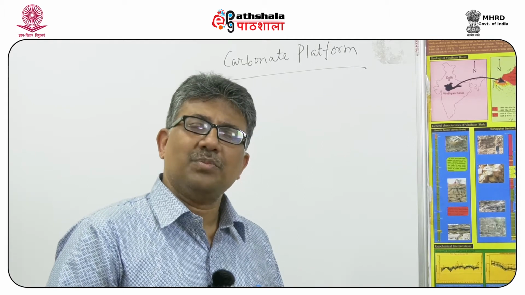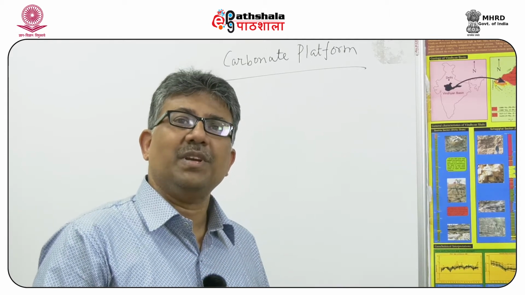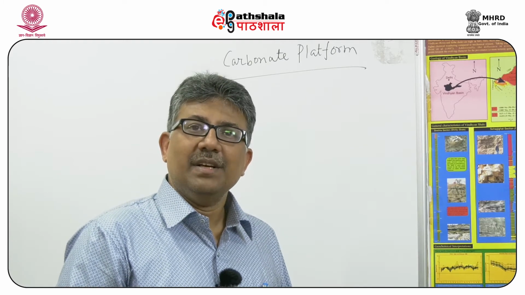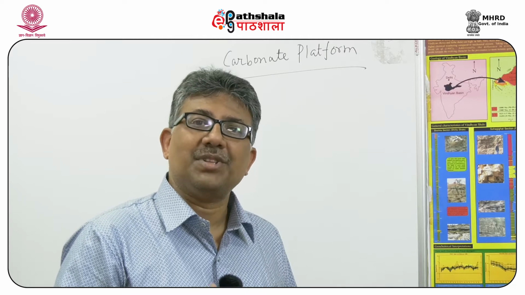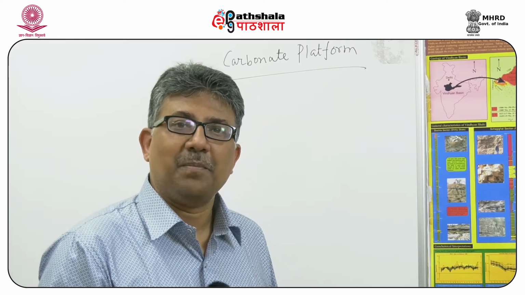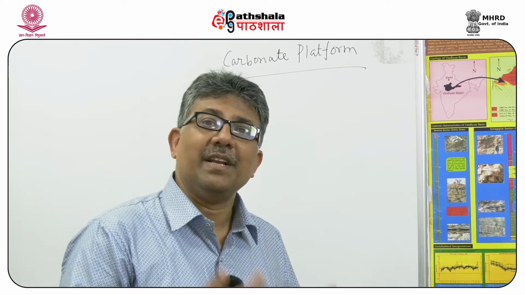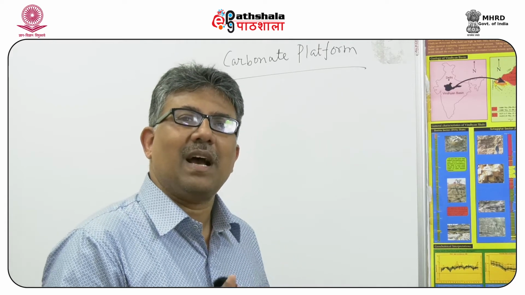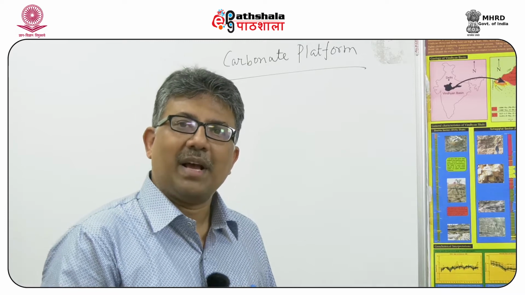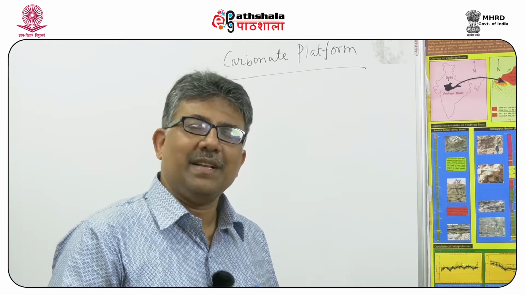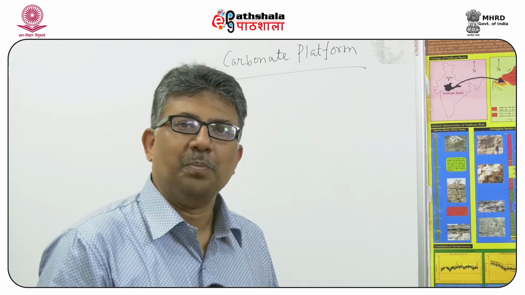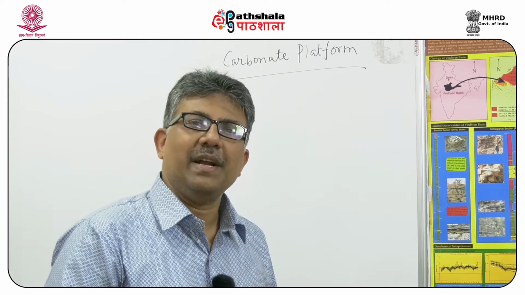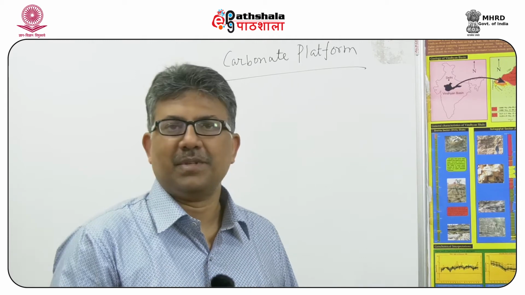But in settings which are tectonically very active, for example a foreland setting or a rift setting, it is difficult to have a thick carbonate succession or a carbonate platform because of the high terrigenous influx. So the best possible area where carbonate platforms form is where carbonate productivity is high and terrigenous influx is very low. Once this kind of condition is developed, we get the carbonate platform to be developed.